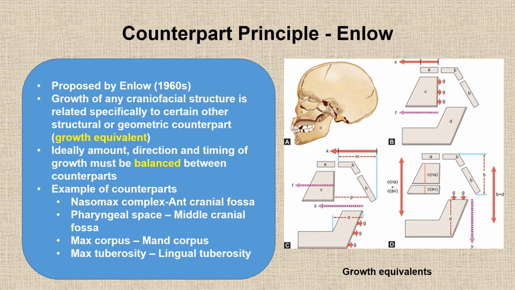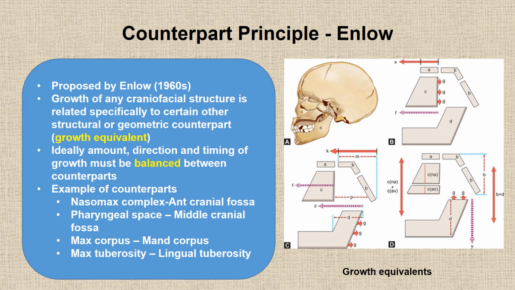Now, if we look at this diagram, this will explain how the counterpart principle works. Now, let's say we have increased growth of the maxilla, which causes the maxilla to translate in a forward direction. Now, with the maxilla gone forward, this causes imbalance in the occlusion of the teeth, and therefore the mandible will compensate by also moving forward.